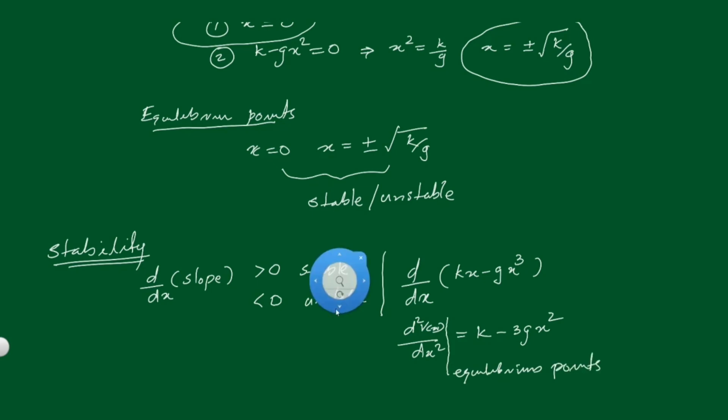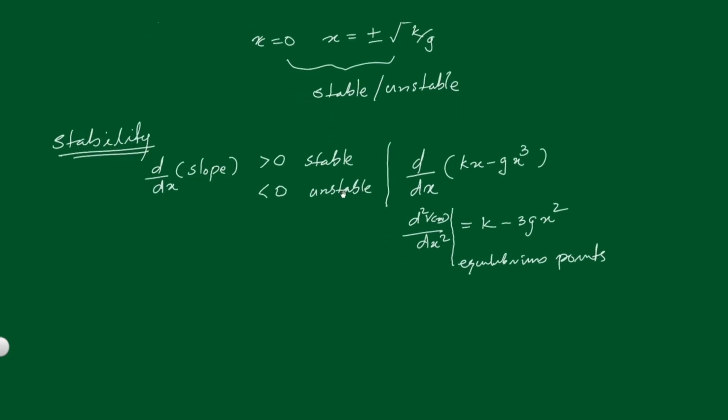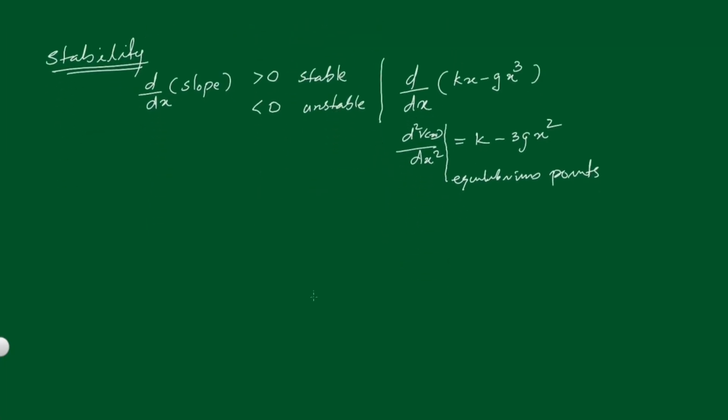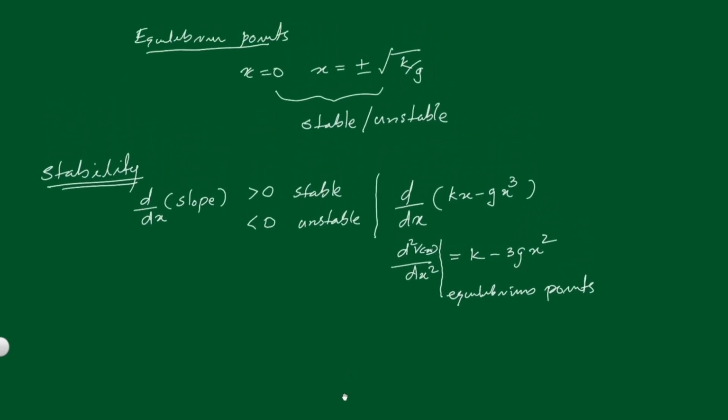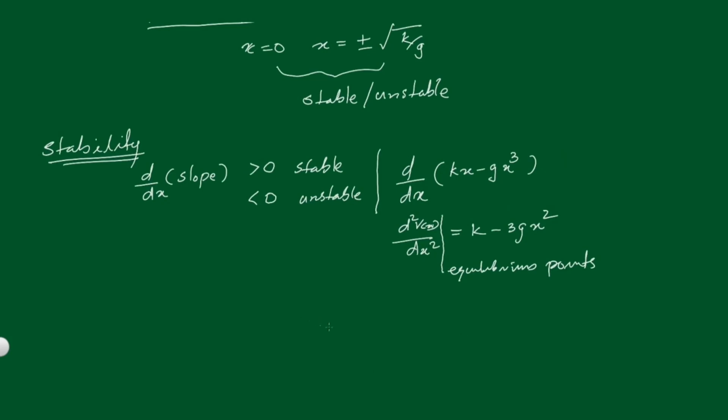Okay, now we have to evaluate the value of d square v by dx square at the equilibrium points. So the first equilibrium point is x equal to 0.